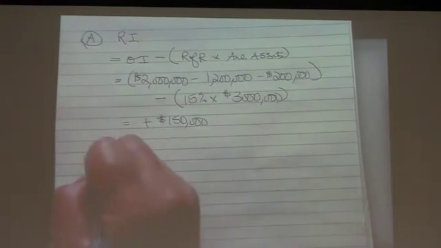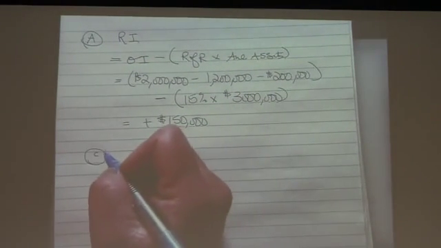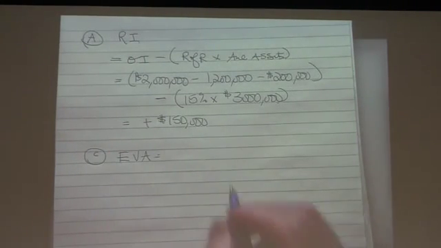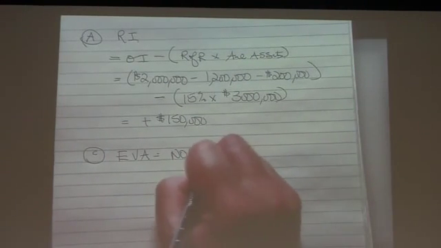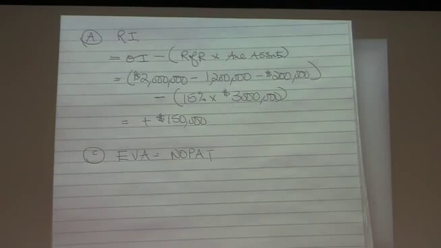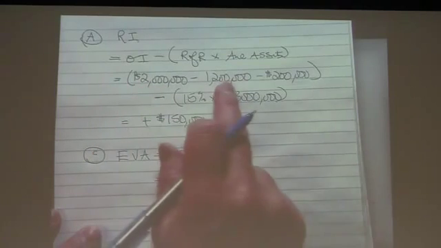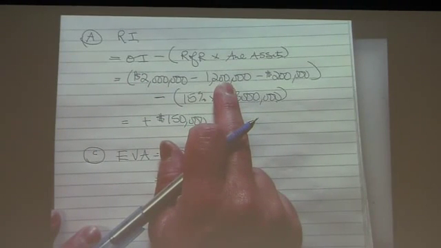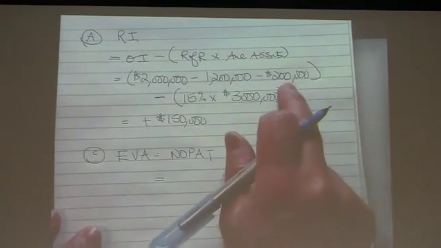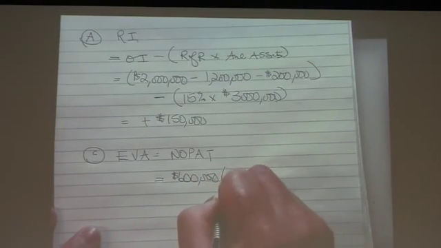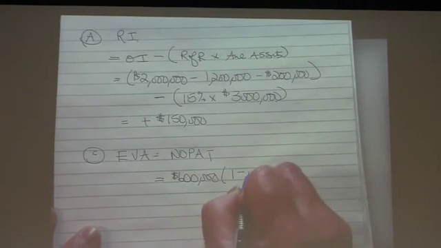Now I want to do EVA next, so I want to show you a comparison. When we do EVA, we know that EVA is NOPAT, net operating profit after tax. In this case, the net operating profit is the 2 million less the 1.2 million. That's 800,000 less 200,000, which is 600,000, times 1 minus the tax rate.